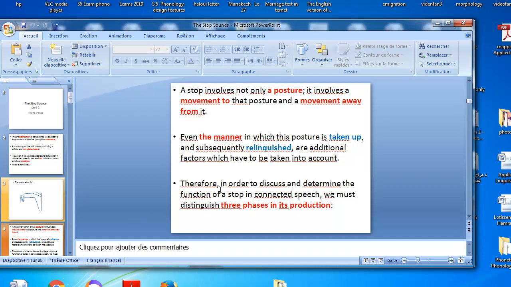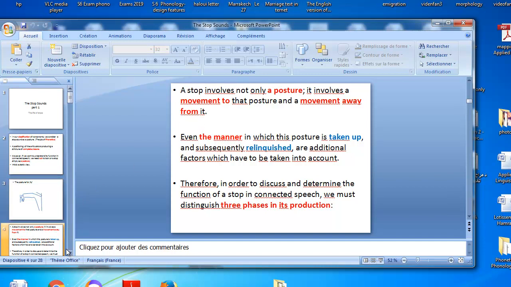Now, therefore, in order to discuss and determine the function of a stop in connected speech, we must distinguish three phases in its production. Okay, we have got a movement towards the posture, and we have got the posture itself, and we have got a movement away from it.